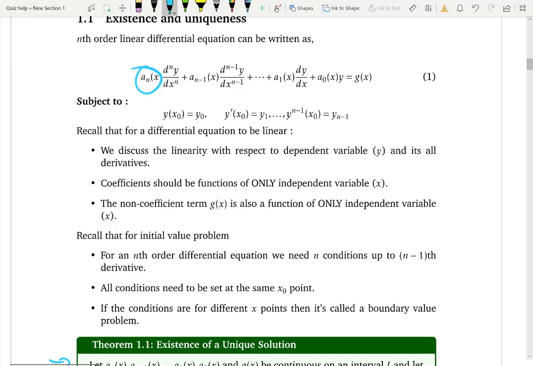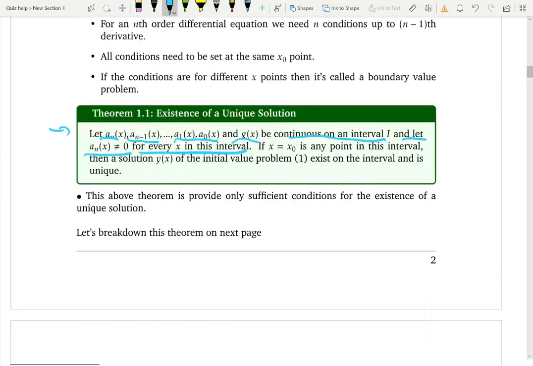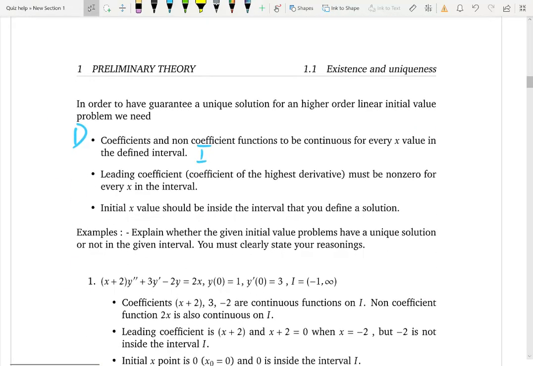The coefficient of the highest derivative term should not be 0 for each and every x value in the interval. So the second condition is the leading coefficient is not 0 for all x in the interval.